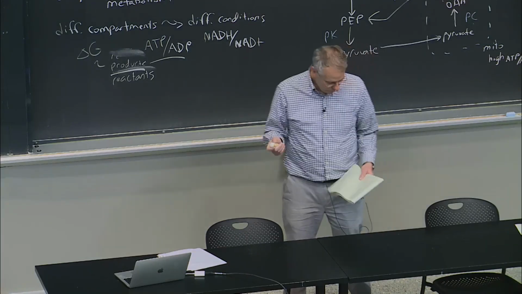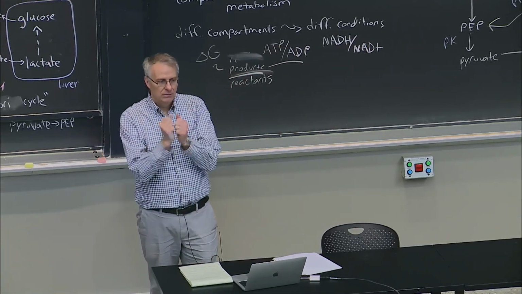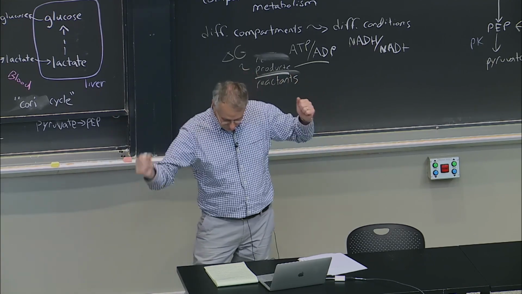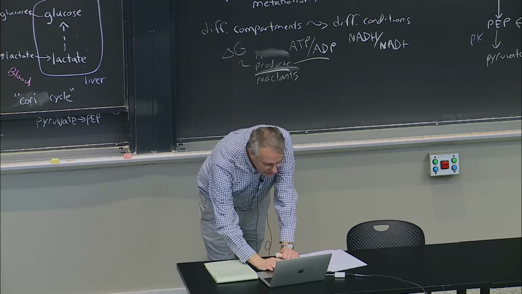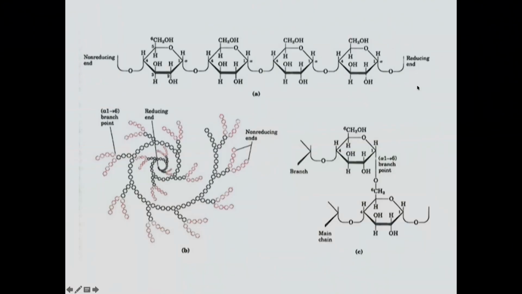Now, you'll hopefully recall from past lectures that the storage polymers of glucose, glycogen in humans, starch in plants, are basically these alpha-1,4 linkages of glucose molecules. Remember, there was a non-reducing end and a reducing end to the molecule. So starch was a straight-chain polymer.